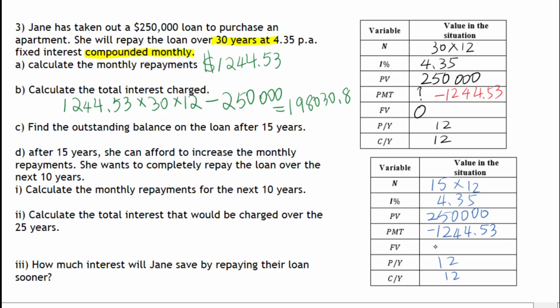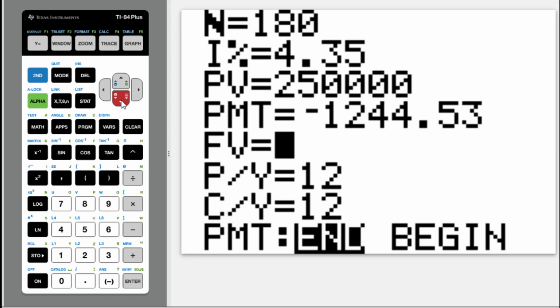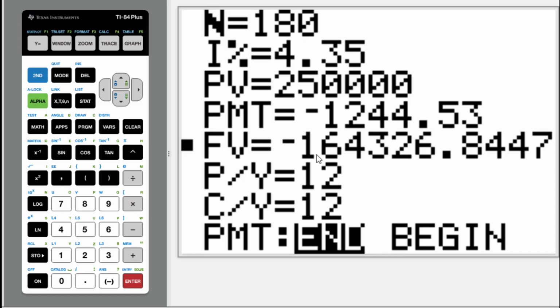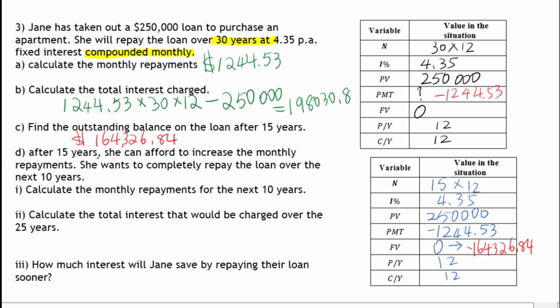Future value is something we are looking for. Alpha, enter. Answer will be $164,326.84.